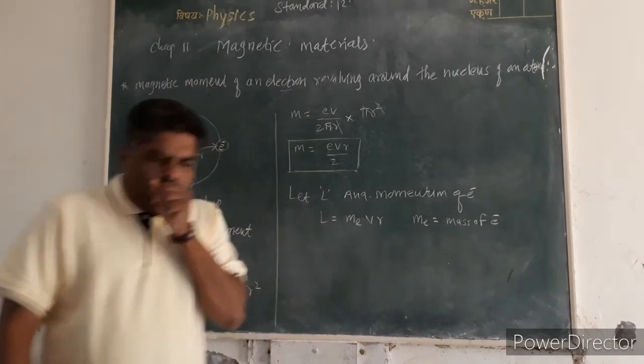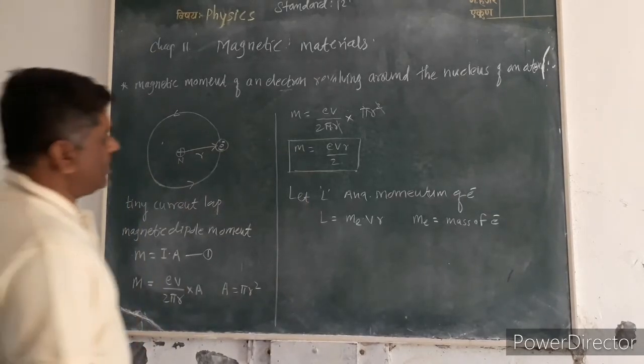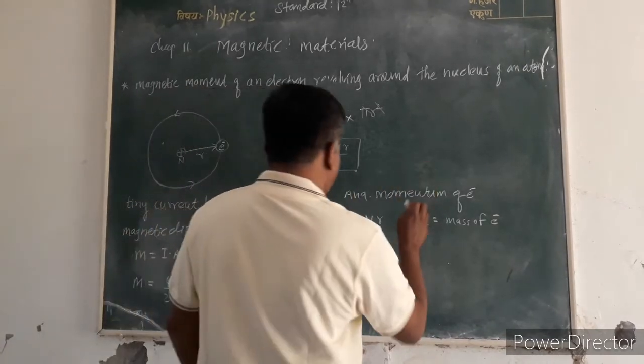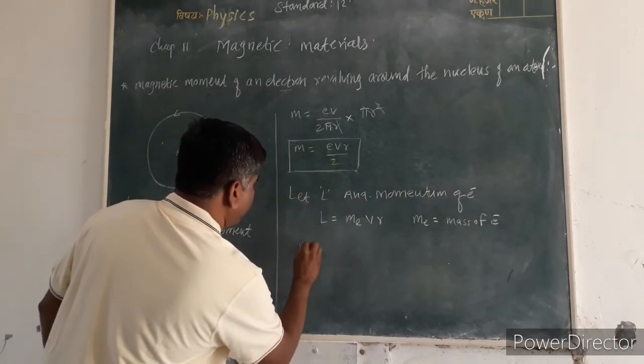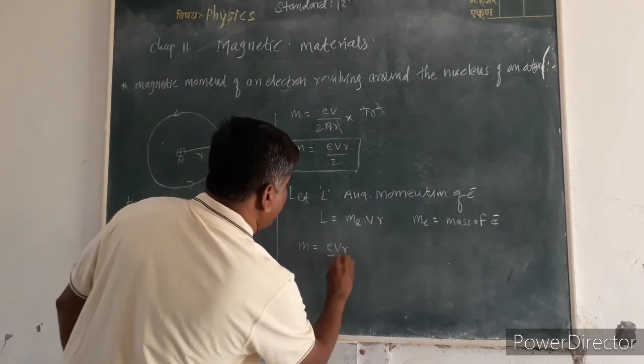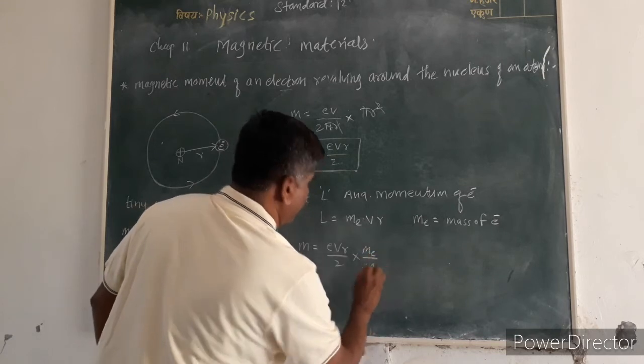Suppose we rearrange this equation in such a way that M is equal to e v r upon 2, multiplied and divided by m_e.